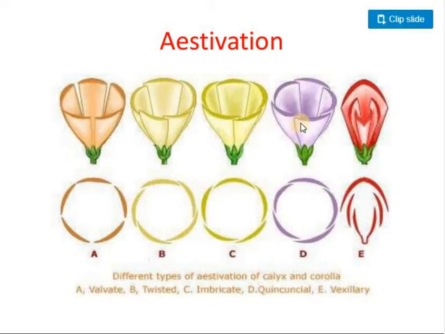You see this, in the third case, and that is called imbricate. In imbricate, one sepal is completely inside, one petal is completely outside, the other petals are in and out.